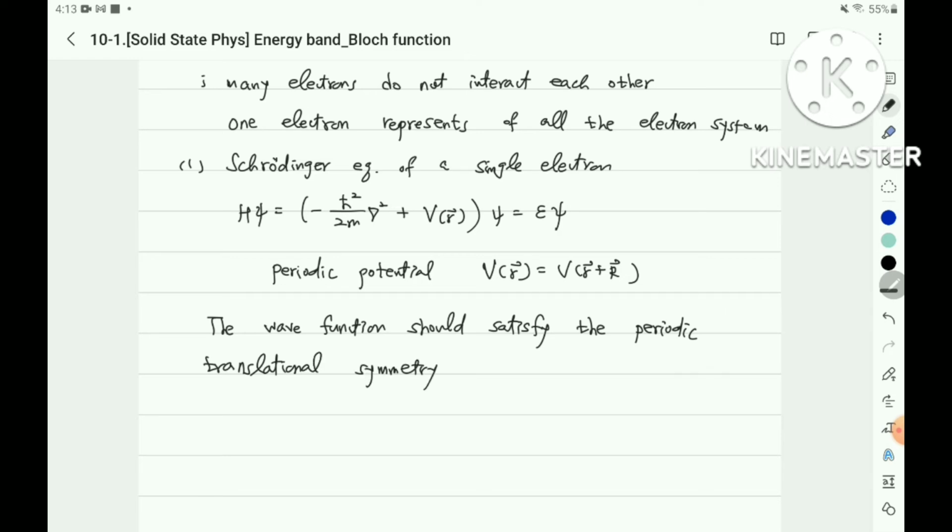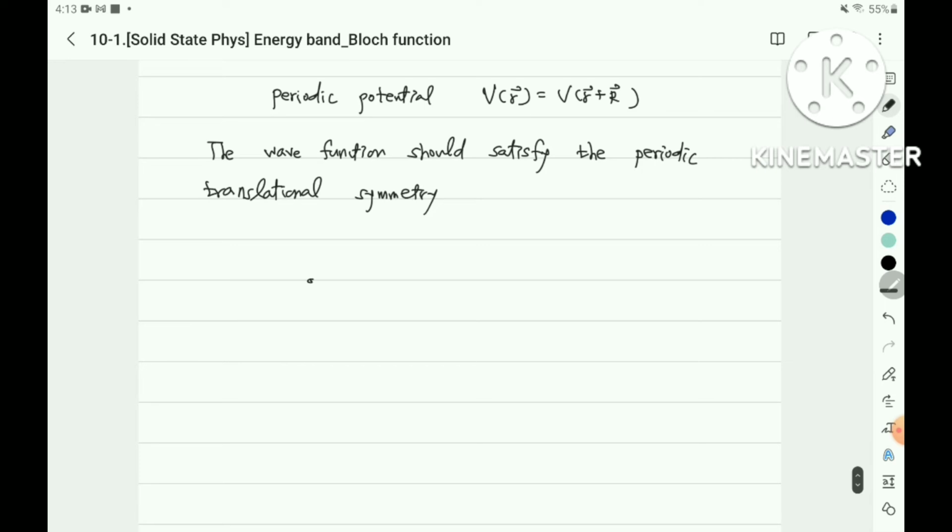Because when you think about that, the lattice is periodic, and the potential is periodic. It is a negative potential, and the electron wave function is periodic because electrons in ions are localized.